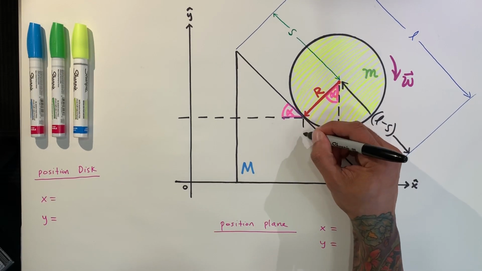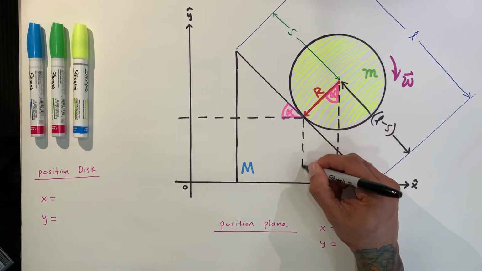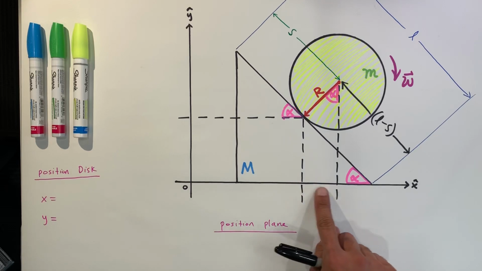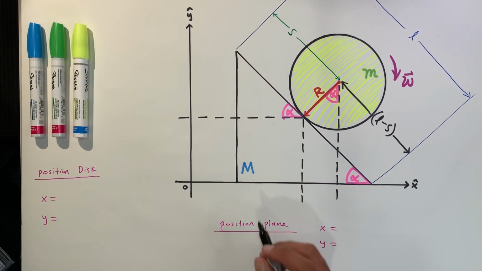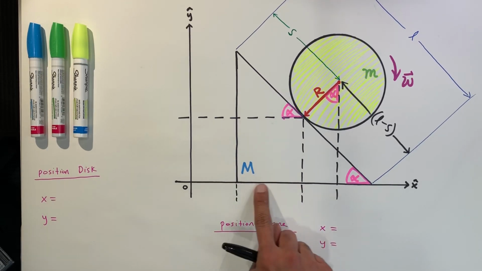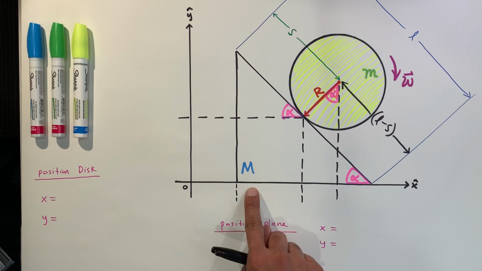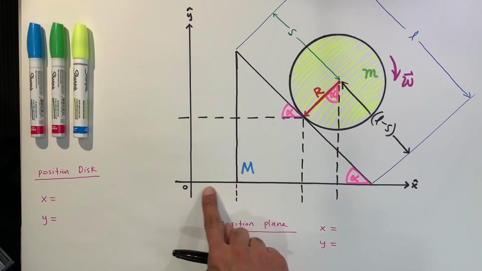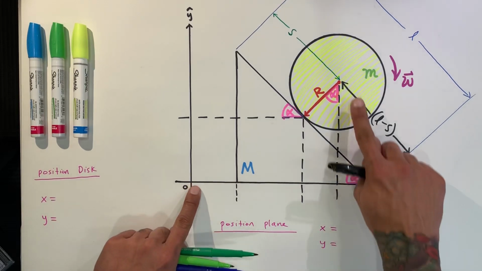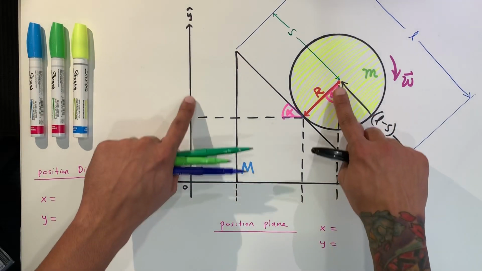I'm going to draw a dotted line. You can see I have a little segment here that I have to fill. If I extend this down a little bit, I have another segment I have to fill, and then this last segment I have to fill in order to know the X position of where the center of the hoop is at.